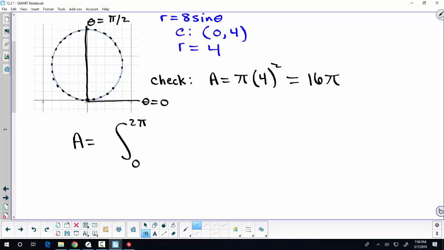Just imagine theta here starting at 0 and sweeping out your figure. So 2 pi is actually too much here. We just go to pi, we have the whole circle swept out.